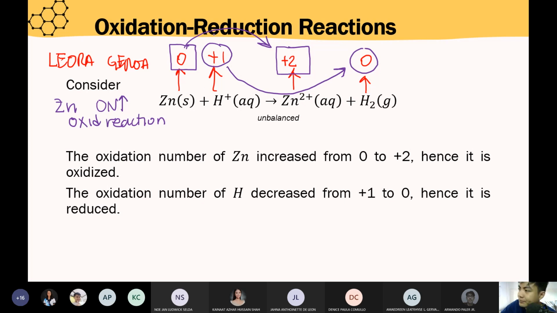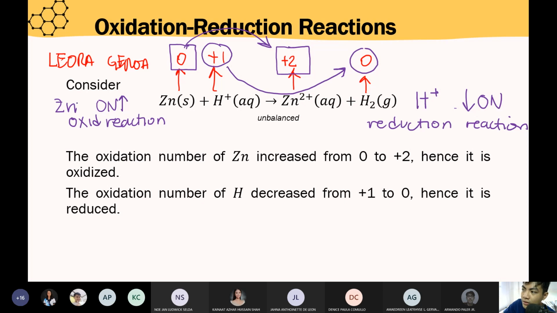How about hydrogen? About hydrogen. So, nangyari sa hydrogen ion, H+, ano nangyari sa oxidation number niya? From positive 1, naging 0. Tumaas ba yun? Bumaba. Obviously, bumaba. Mas malaki yung 1 kaysa sa 0 eh. So, bumaba yung oxidation number. So, sabi ko kanina, when the oxidation number decreases, meaning it underwent a reduction reaction. Okay?